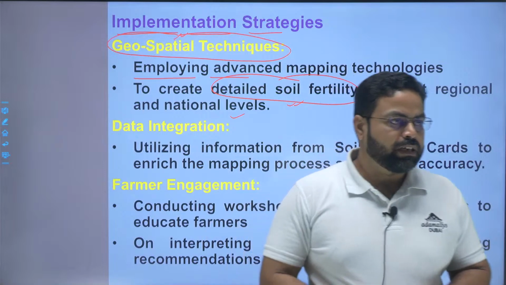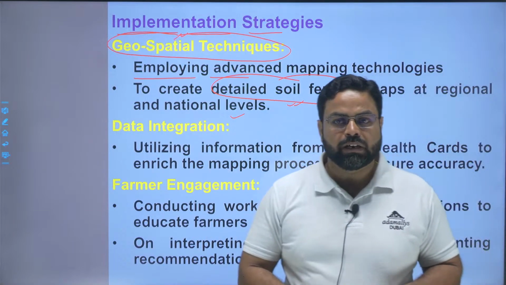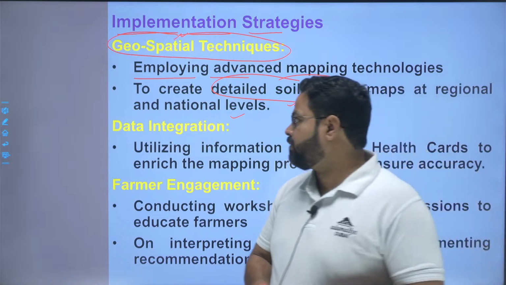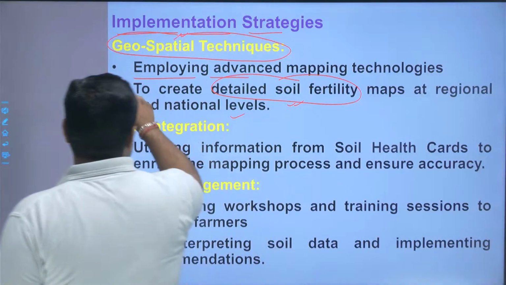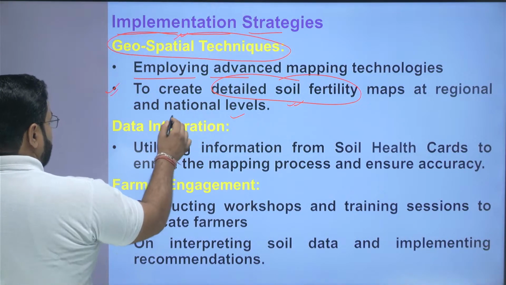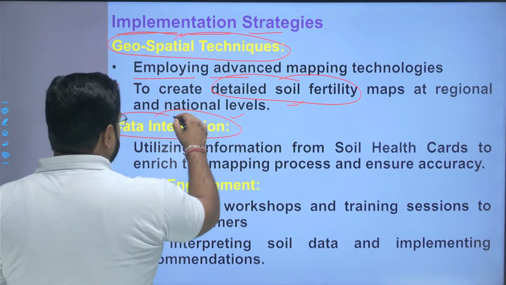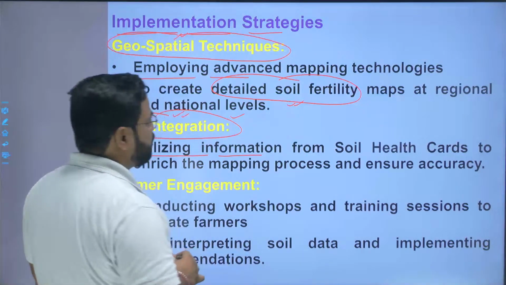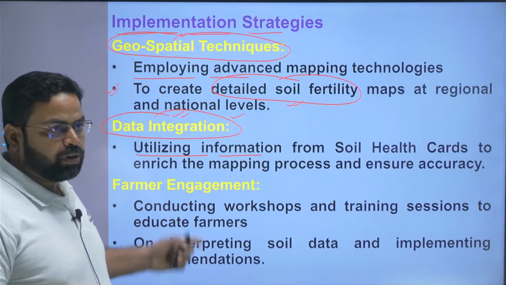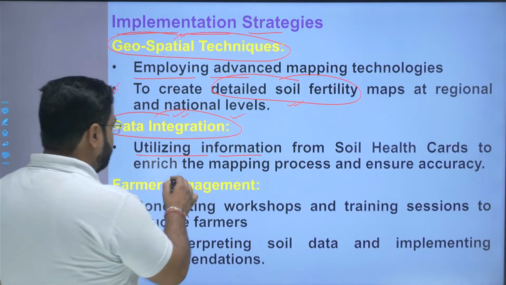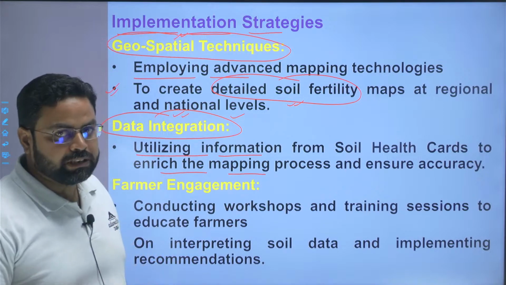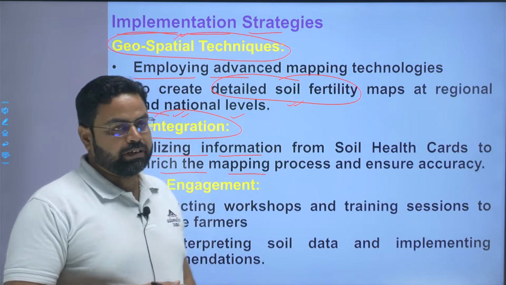So at the regional as well as the national level, the soil maps will be developed, and thereafter this soil map will be published, and data integration will also be done. There will be utilization of information from the soil health card system, and this will enrich the mapping process and ensure accuracy at the regional level as well as at the national level, right?